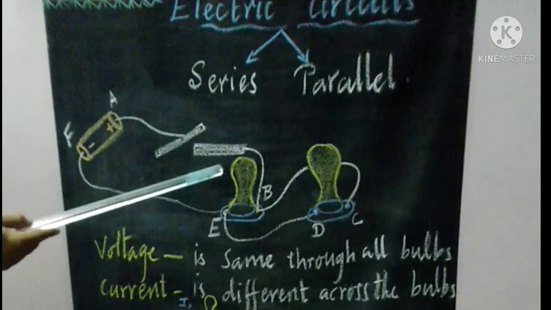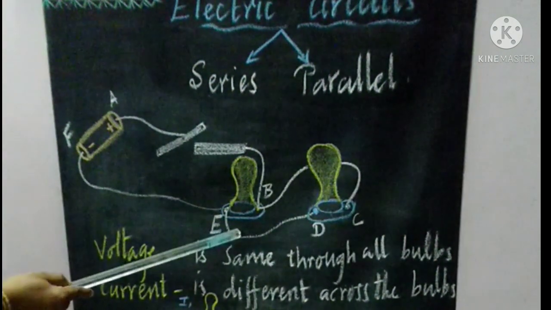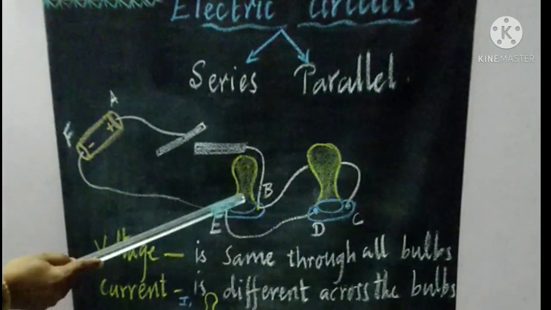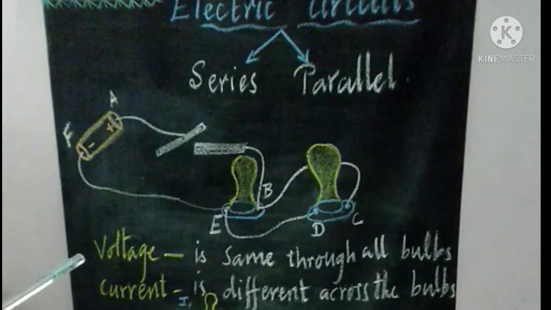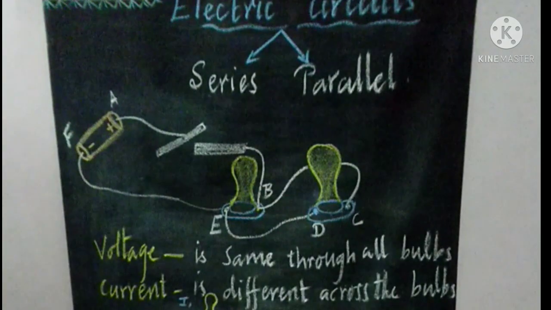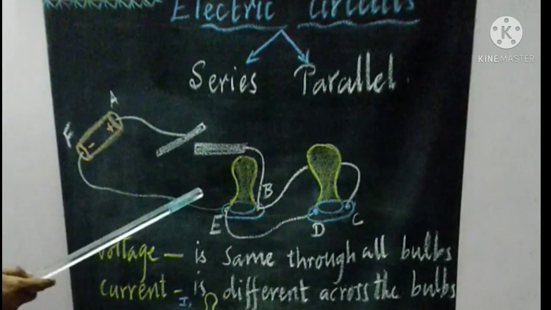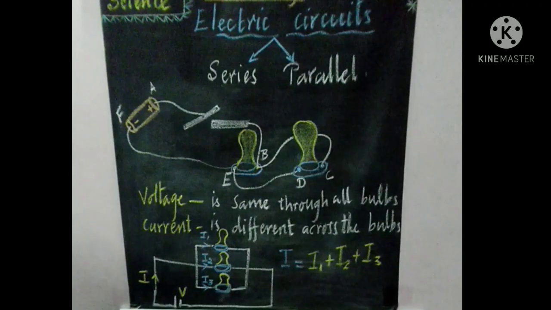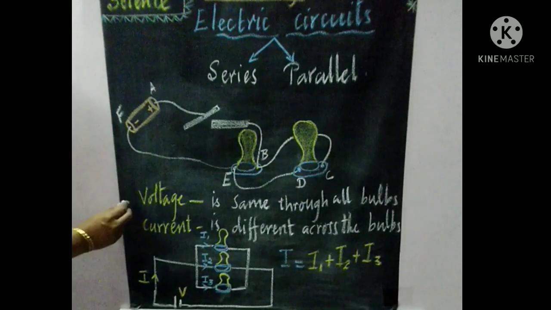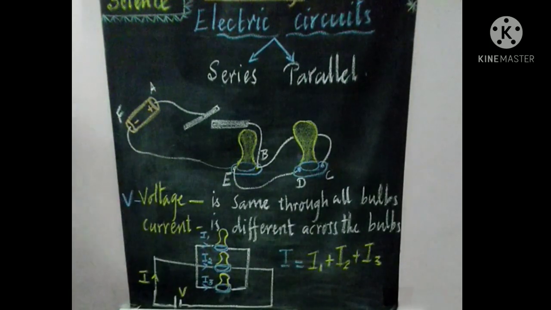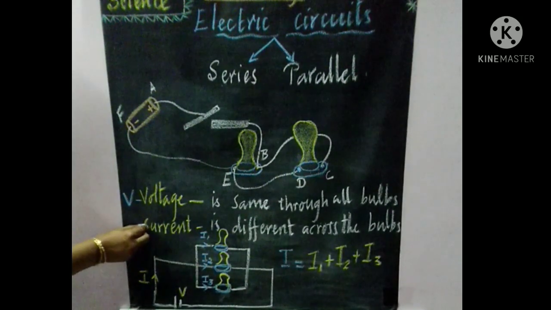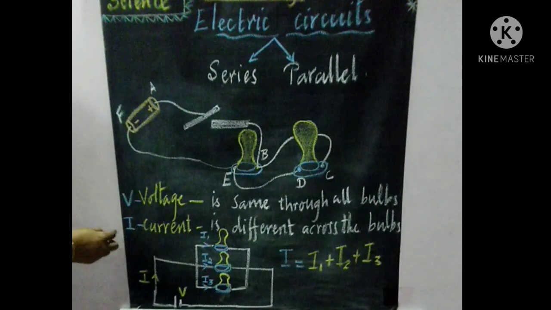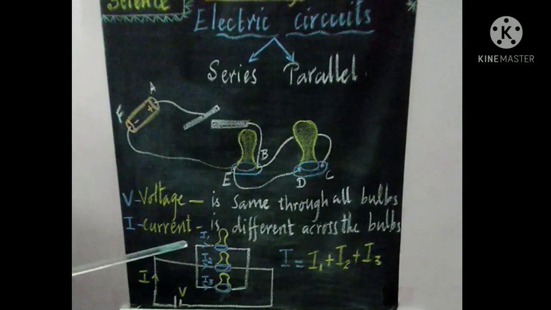Okay, this is the parallel circuit connection. You know already each resistor has its own path as well as its own current. The amount of current differs for each bulb. What we can say, voltage V is the same through all the bulbs, but current, which is denoted by I, is different across the bulbs.